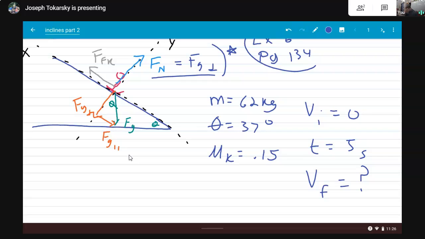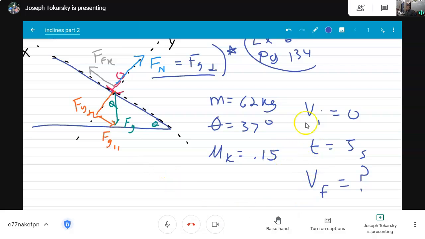Remember guys, when we want to find V's, Vi's, Vf's, t's, possibly d's, stuff like that, we need to use the kinematic equations at some point. We just don't have enough information yet to use the kinematic equations. That's because we have to use Newton's second law to solve for acceleration.